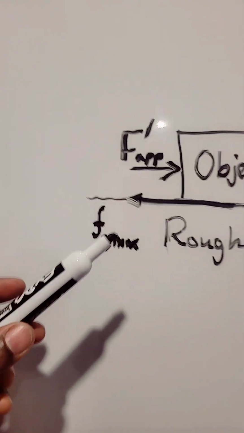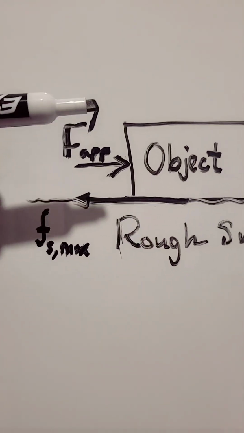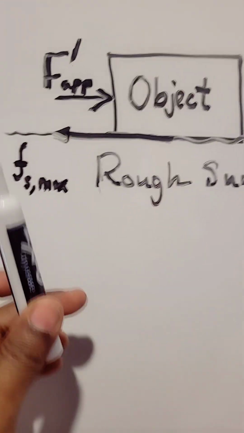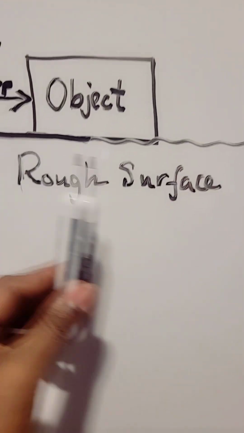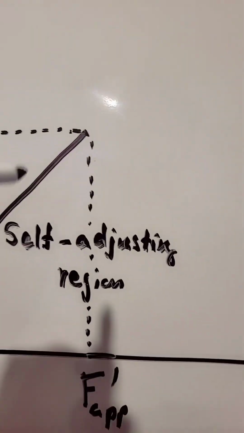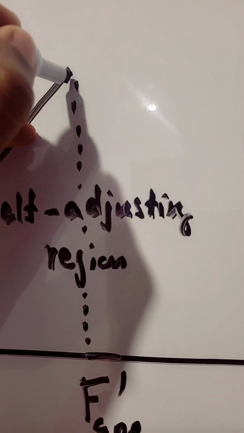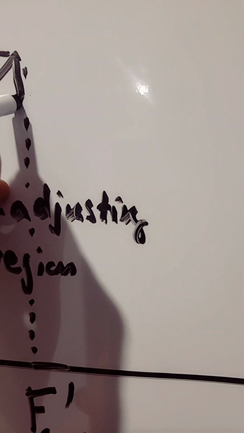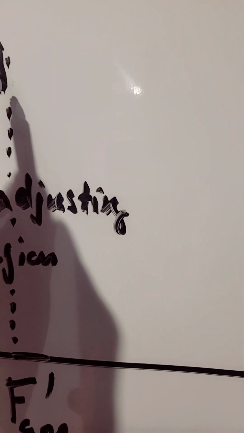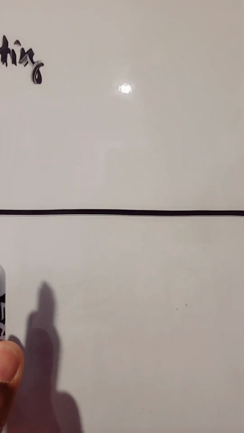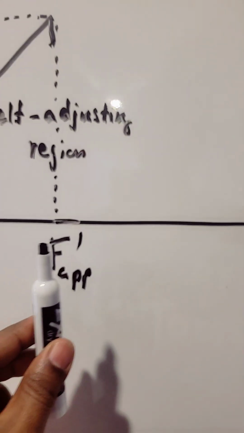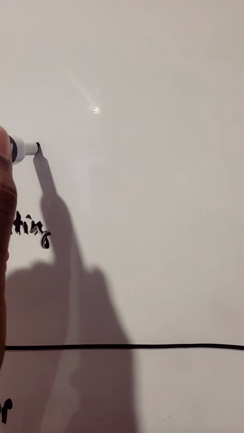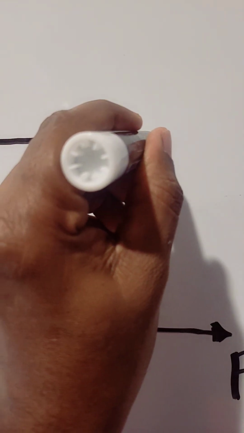If you increase the applied force beyond this, then the object will start to move. And then what you'll see here is that the friction force is going to slightly drop, and then irrespective of the increasing applied force, that friction force will pretty much remain the same.